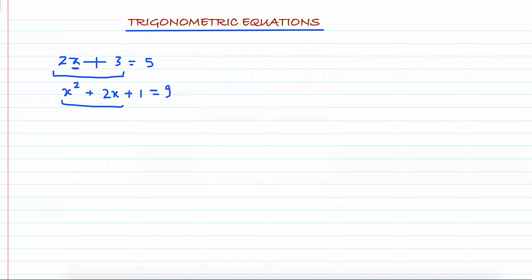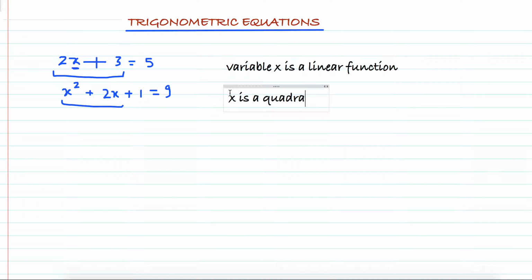In the first example the variable x is a linear function. In the second case x is a quadratic function.